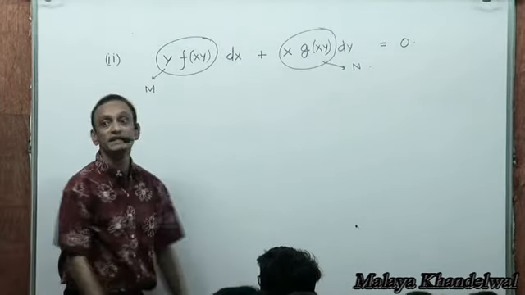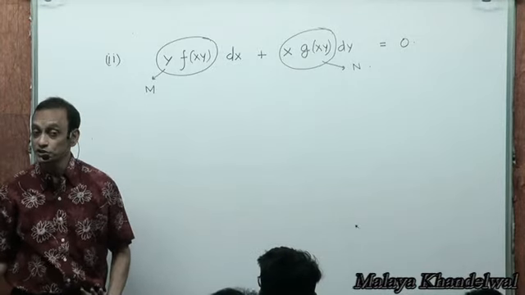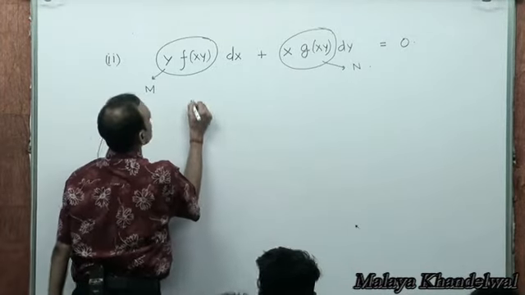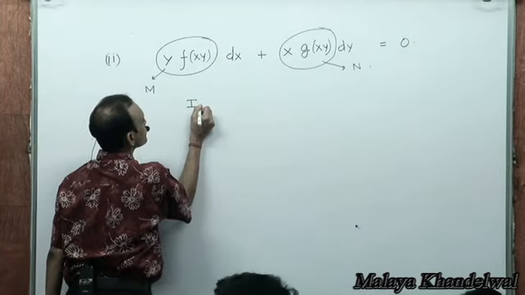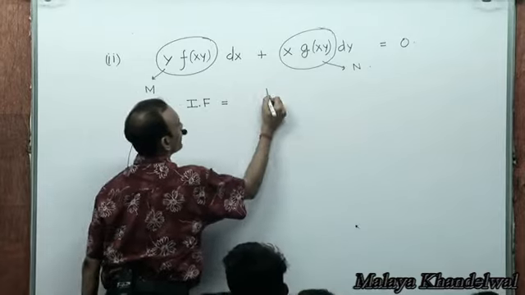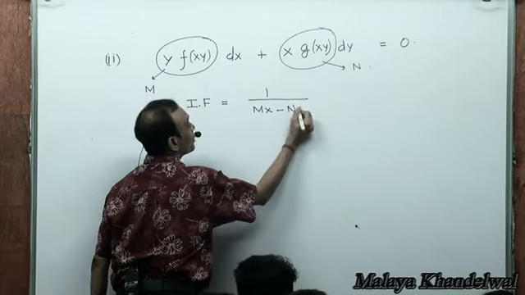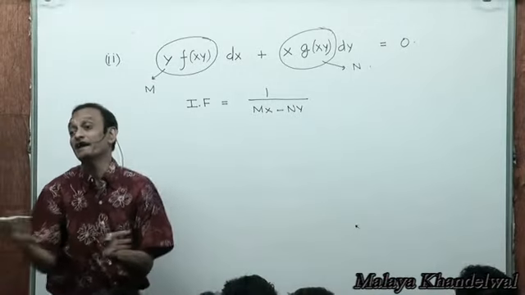This will be an inexact differential. To convert this into an exact differential, the integrating factor for such a differential equation is going to be 1 by Mx minus Ny, provided Mx minus Ny is not 0.